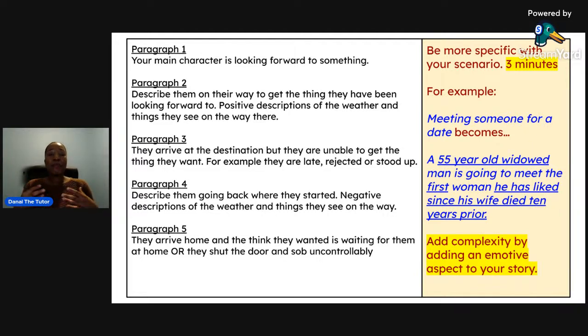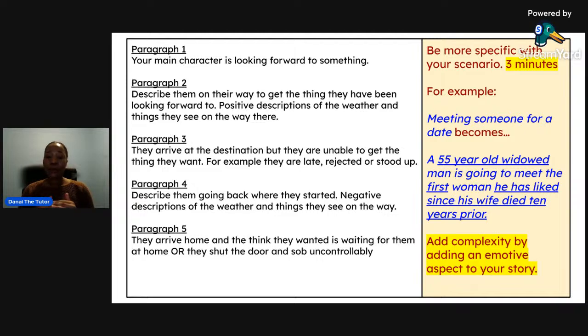So it's adding an emotive aspect to the story, because if this goes wrong, it's going to be a huge emotional setback because they haven't really liked anyone else since their wife died, okay? So I want you to spend the next 3 minutes adding some emotive detail to your scenario. That's going to help it be more emotive, and that will add a layer of ideas.